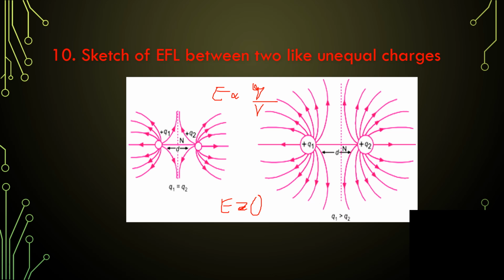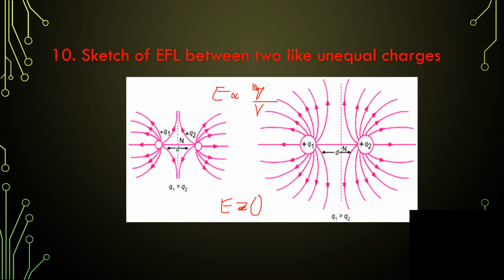Q1 by this distance, let it be R1, should be equal to Q2 by R2. So if Q1 is more, R1 must be more. Or Q2 is smaller means the distance of the null point from that charge must be small.